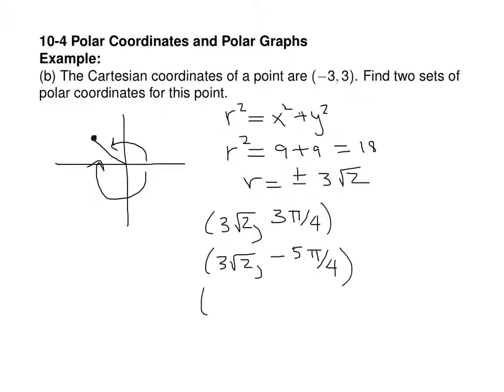And yet another one would be to have negative 3 root 2. You would have had to have been over here to reflect there, so that would be negative pi quarters. Or you could have said 7 pi quarters. Either way, those are all correct.